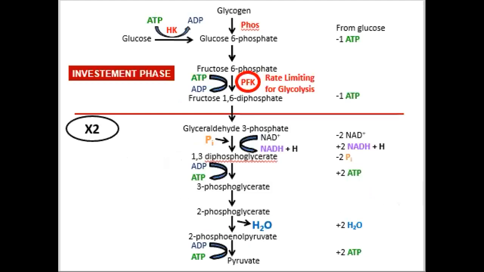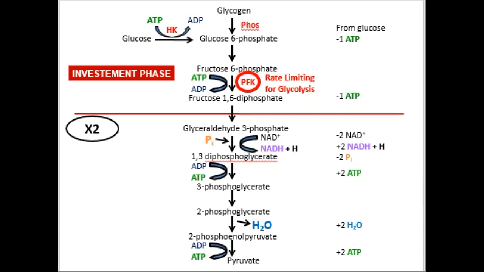Similarly, in glycolysis, we have phosphofructokinase being the rate-limiting enzyme of this glycolytic pathway. So again, as we can see here, phosphofructokinase catalyzes that last step of the investment phase, or the conversion of fructose 6-phosphate into fructose 1,6-diphosphate.